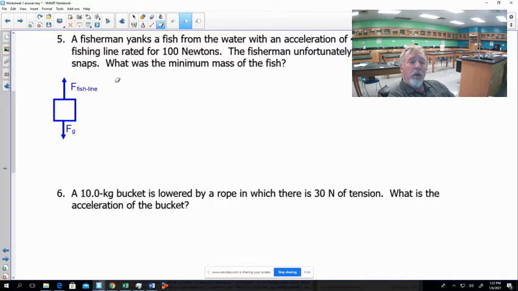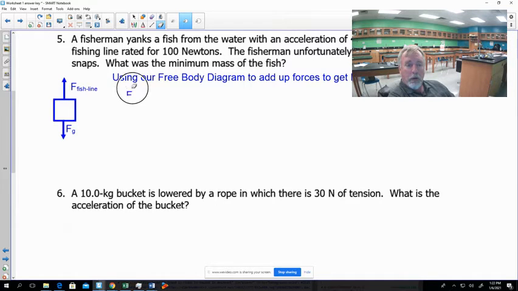So again, we're going to use our free body diagram. We're going to add up our forces and we want to get our net force. When we do that, what are we going to see here? For F net, we have a positive force from our fishing line pointing up. We have a force from our gravity pointing down, so we can make that negative.